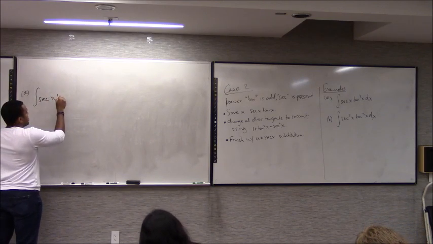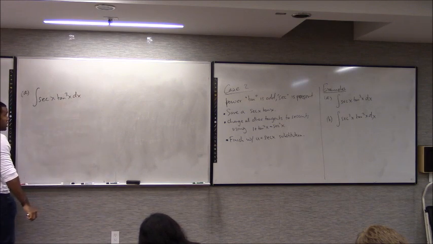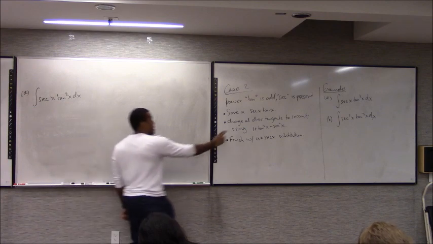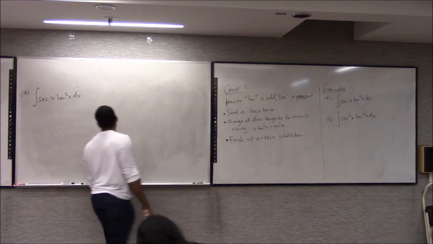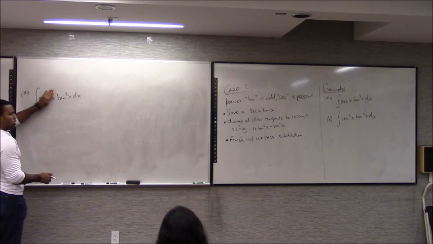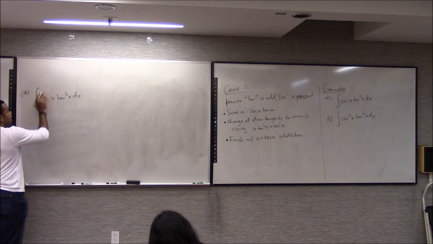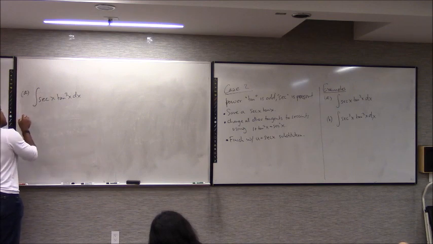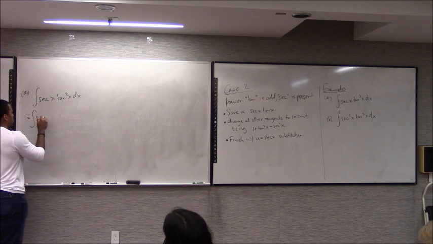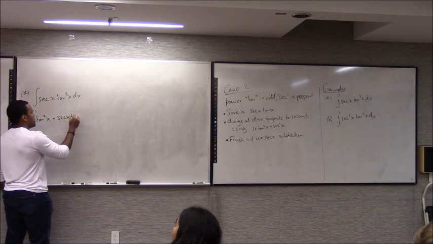Secant x tangent cubed dx. So here, our tangent is odd, and there's a secant hanging around, which means I can pull out a secant times a tangent. If the secant wasn't there, I'd kind of be in trouble. But I believe tangent cubed was one we actually did already, last class. So I actually know how to deal with that if the secant wasn't there. So all I'm going to do at this point is there's going to be a tangent squared left if I pull off the secant tangent.